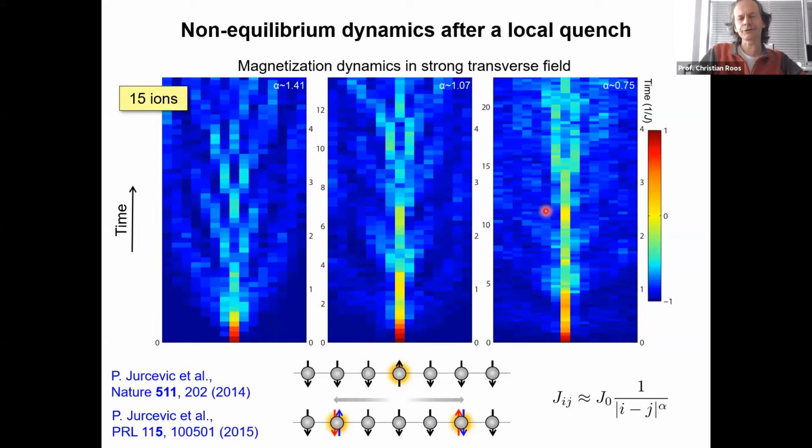On the other hand, it's still quite simple to calculate what is going on, because what we have here is a single excitation. And I told you that in this limit of a strong transverse field, this excitation can reside in one of the 15 sites that we have. So we do not have a very big Hilbert space available to this system starting in this initial state. We have just an n-dimensional Hilbert space if we have a single excitation in a string of n ions.